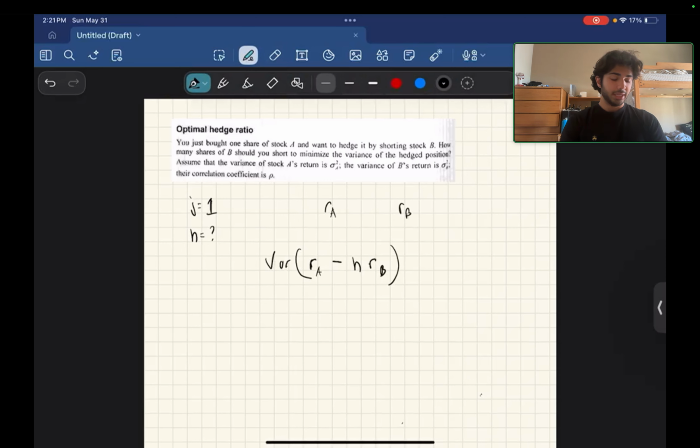There is an identity that we can use for the variance of adding and subtracting two different random variables.